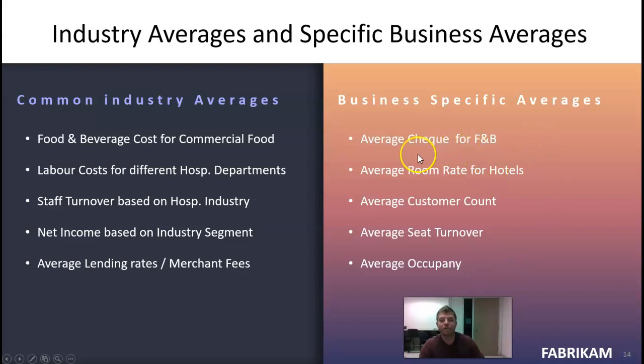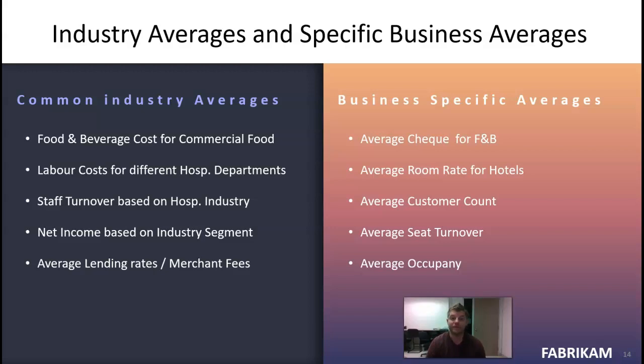But we would know what an average check for food and beverage is at your restaurant just by looking at how many covers come in, customer count, and looking at the revenue for that week or month, and then just dividing and saying, okay, on the average day when a customer comes in here, they spend $22. I can now base a lot of budgeting and revenue statements on that.